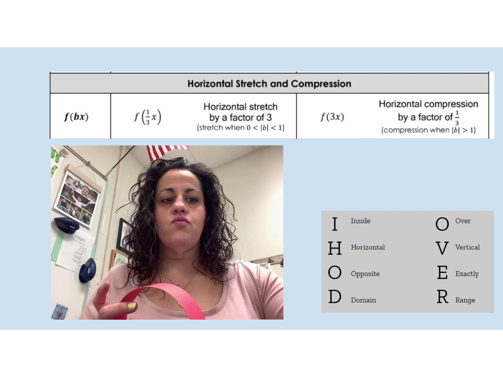If you can recognize whether it's getting wider or more narrow, then you can figure out horizontal or vertical, or make an educated guess.